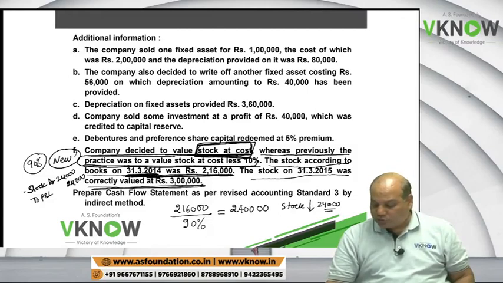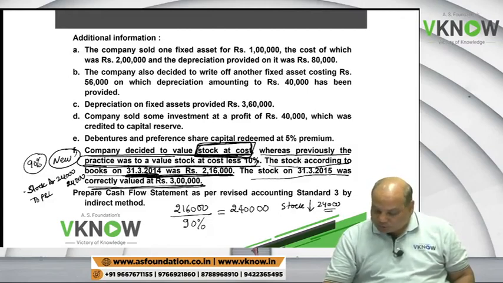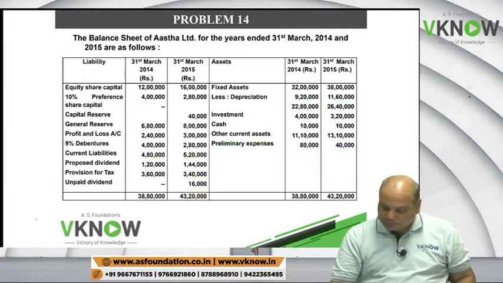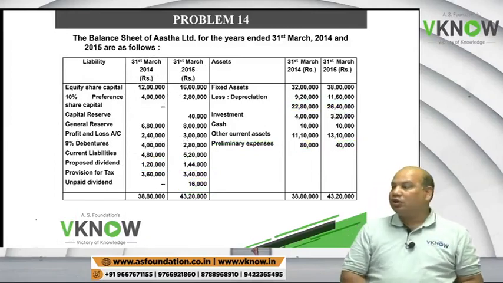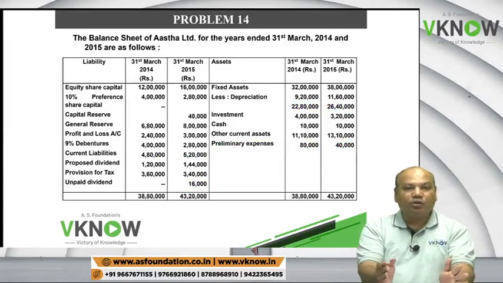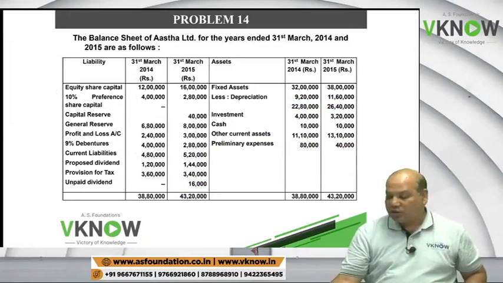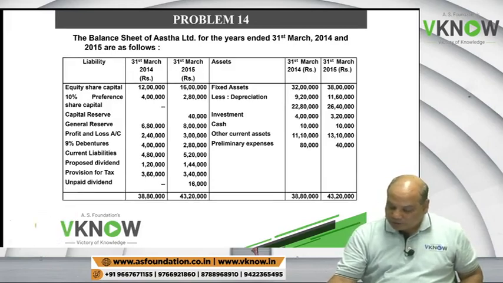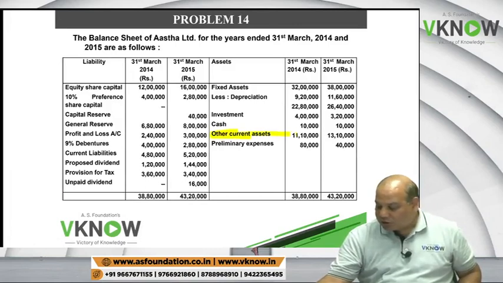So my dear student, my question is, where is the stock in the balance sheet? Search for stock in the balance sheet. They have given an adjustment for stock, and stock is not there in the balance sheet directly, but indirectly the stock is there under other current asset.